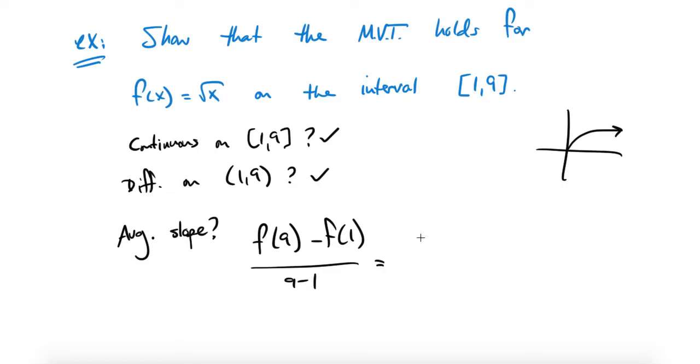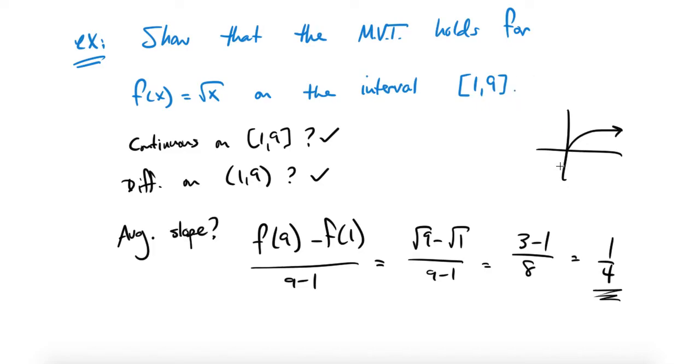So if I plug in, I get square root 9 minus square root 1 over 9 minus 1, or 3 minus 1 over 8, or 2 over 8, or 1/4.